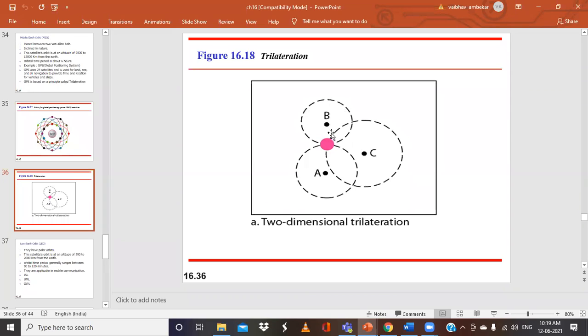The place where I am standing or sitting will be somewhere on the circumference of A, somewhere on the circumference of B, and somewhere on the circumference of C. All the A, B, C circumferences will meet at a particular point, and that is my actual place. So this is how the GPS system works, and for this reason it uses 24 satellites and is used for land, sea, and air navigation.